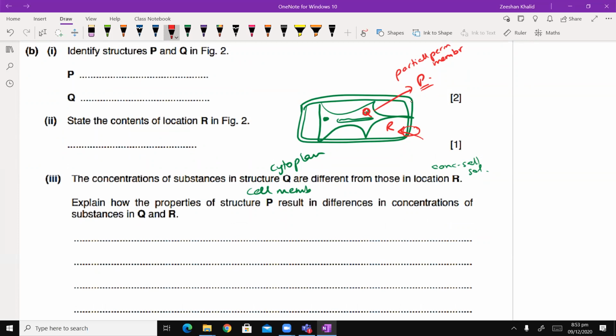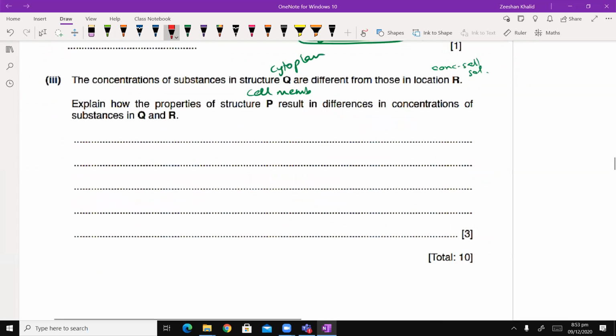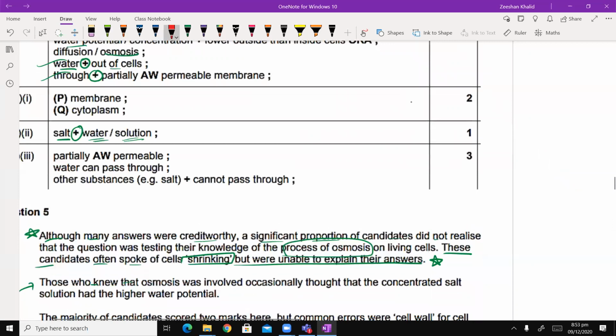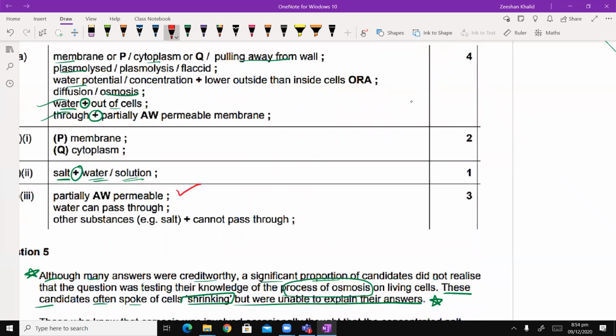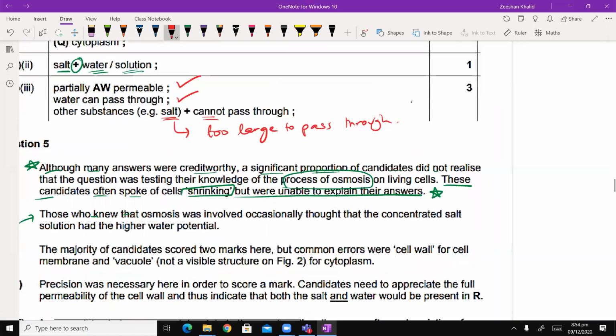So R will therefore have everything of the salt solution, whereas Q will only have few of those things since it's partially permeable membrane. Let's see what the examiner has to say. ये देखें, partially permeable है जिसका मतलब है water can pass through, and other substances, example salts वगैरह, cannot pass through. Why can the salts not pass through? I'm asking that question. Maybe because the salt molecules are too large to pass through the cell membrane. Are you following? Let's see what the examiner has to say.